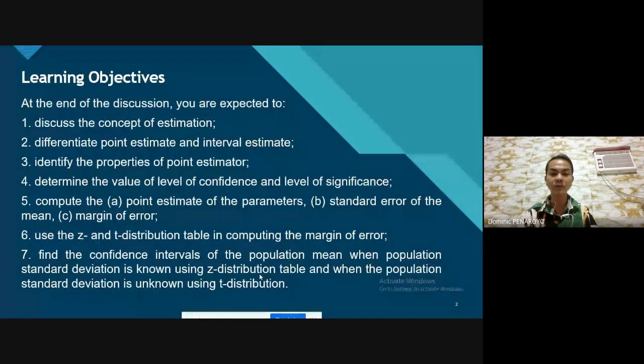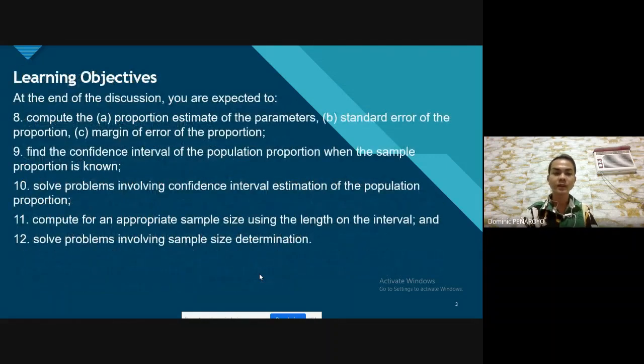Seven, find the confidence intervals of the population mean when the population standard deviation is known using the Z distribution table, and when the population standard deviation is unknown using the T distribution. Number eight, compute A, the proportion estimate of the parameters, B, the standard error of the proportion, C, the margin of error of the proportion.